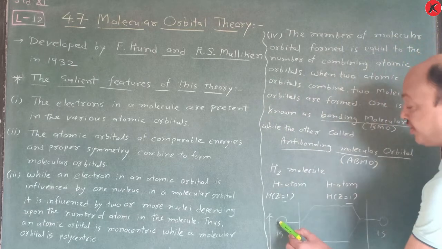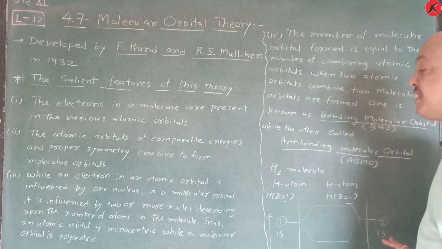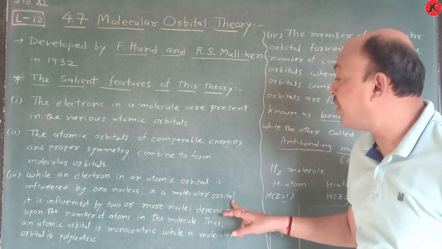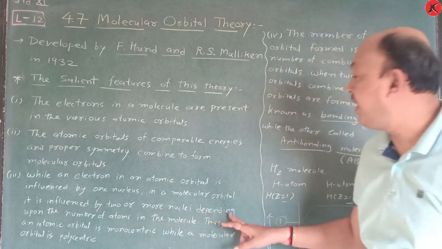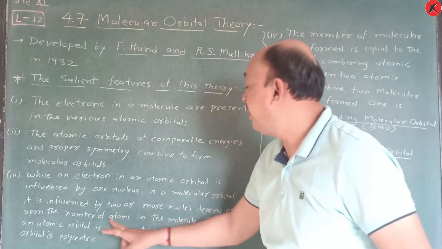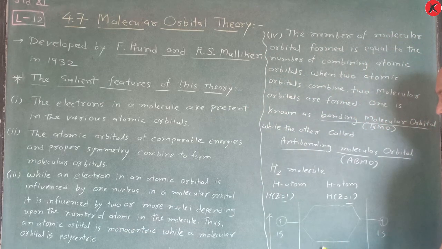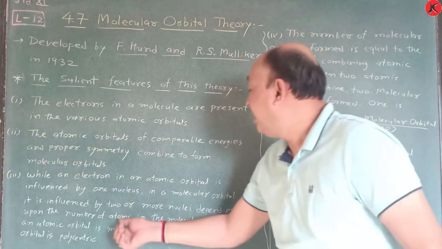Just see, this is hydrogen, and here one nucleus is there which possesses one electron, on the outer side of the nucleus. In a molecular orbital, it is influenced by two or more nuclei depending upon the number of atoms. Here two atoms are there, so attraction is this way and repulsion is this way. Learn that later on, don't bother.